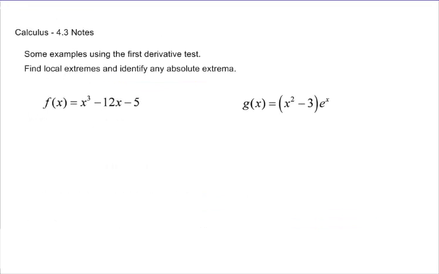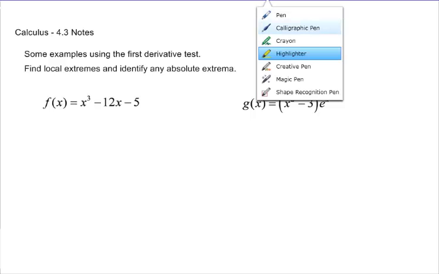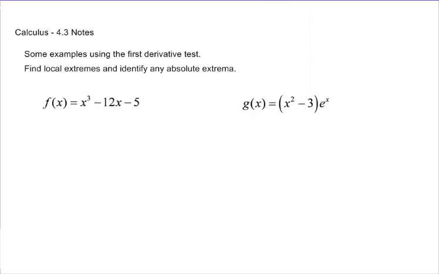So some examples for using the first derivative test: find some local extremes and identify any absolute extrema. Well, the first thing that we have to do on both of these is take a derivative. So f prime of x is equal to 3x squared minus 12.